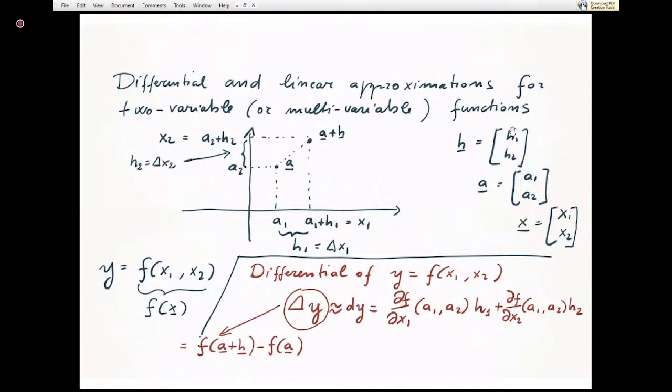Okay, so this is a column vector with two components. This is another column vector with two components. This denotes the initial point because it has two coordinates, okay? This denotes the vector of the increments. If I want to model in a short way, short notation, the new point, it's enough that I write A plus H, which is the initial point plus the two increments, okay? Because the sum of two vectors is the sum element wise, okay?